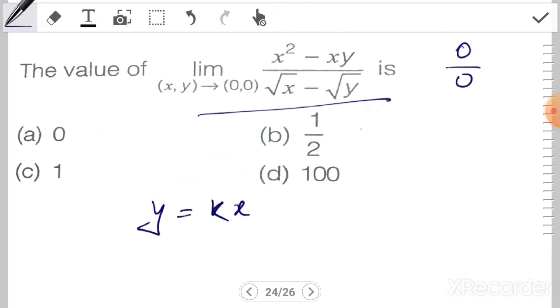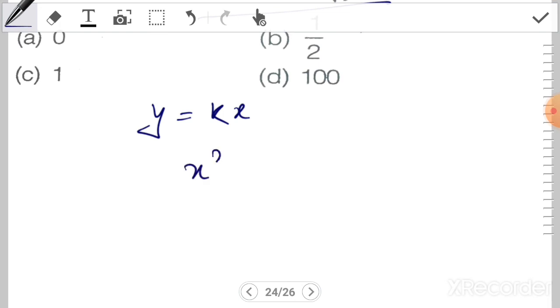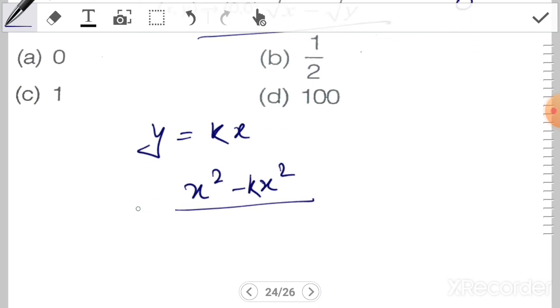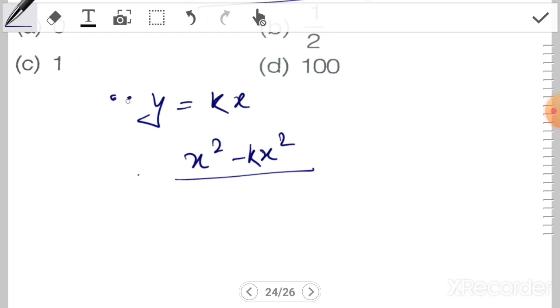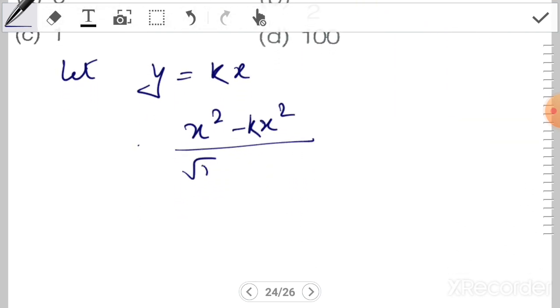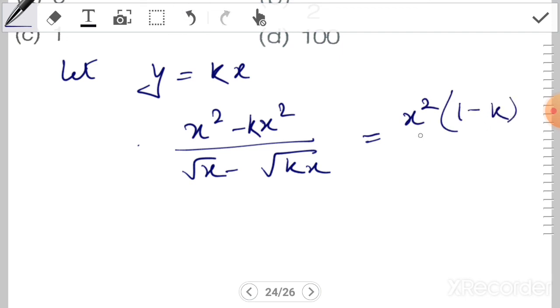Now work out the problem. x square minus x into kx, that is kx square, by root x minus root y, so root x minus root under kx.